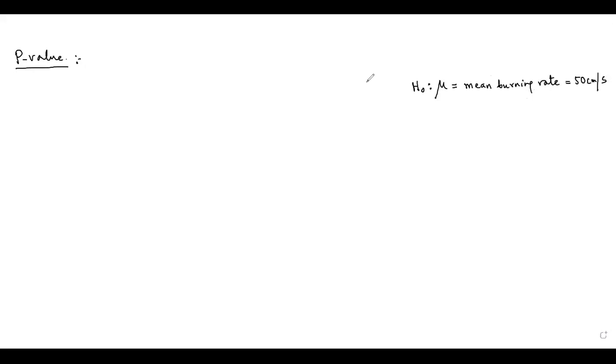And the corresponding H1 is mu not equal to 50 centimeter per second. You know from this section that this is a kind of testing which is called a two-tailed test.